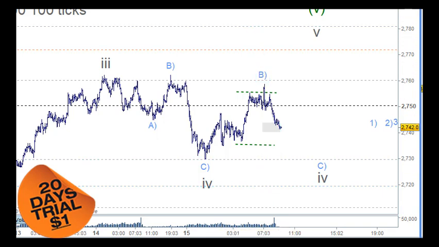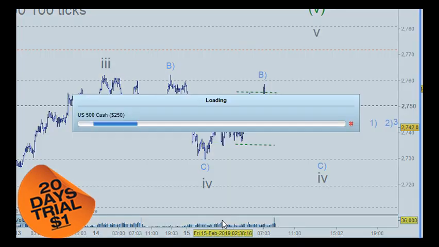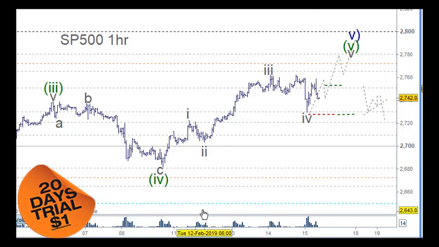So just on the hourly chart here, this is kind of what we were looking at. Wave 4 here with wave 1 and 2, a nice strong third wave, an A and a B and a C for wave 4. But I've got a bit of a problem with this because this move up through here is not displaying 5 waves, it's only displaying 3 waves.